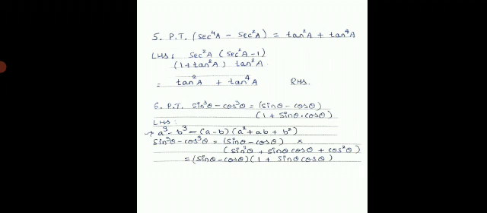That is sec square of A. Sec square of A will remain in the bracket because we have sec raised to 4A. So if you take sec square of A common, inside you will get sec square of A minus 1. Now sec square of A is nothing but 1 plus tan square of A into, and sec square of A minus 1 is nothing but tan square of A.